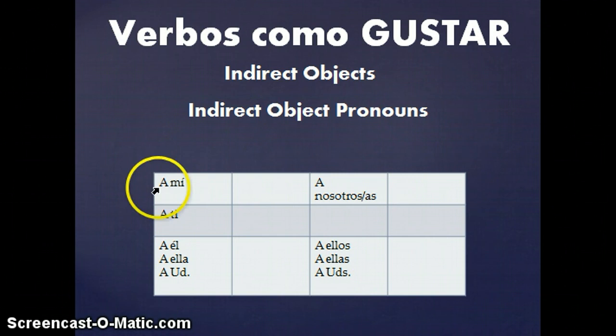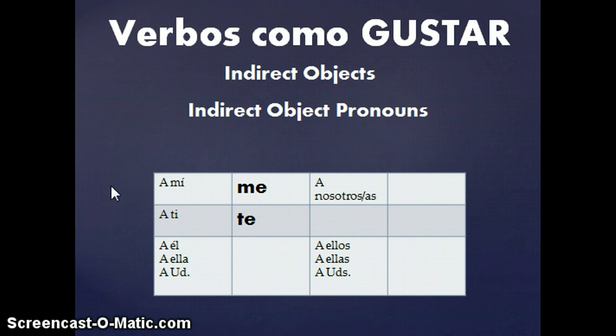Now, you don't necessarily have to explicitly state all of these before gustar. Once in a while it helps for clarification. That's why these are acting as clarifiers, although they are the actual indirect objects. It is the indirect object pronoun that goes before gustar, and this is what will seem very clear to you as something you remember from learning Spanish in classes before. Me gusta is how you would express the indirect object of me, a mí.